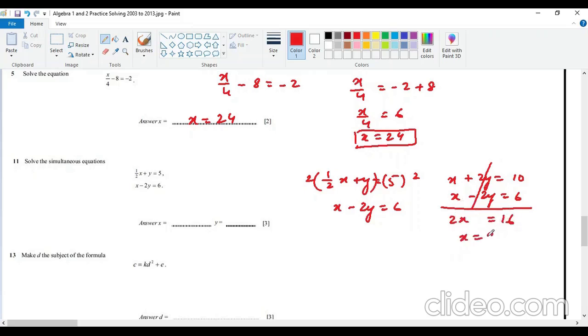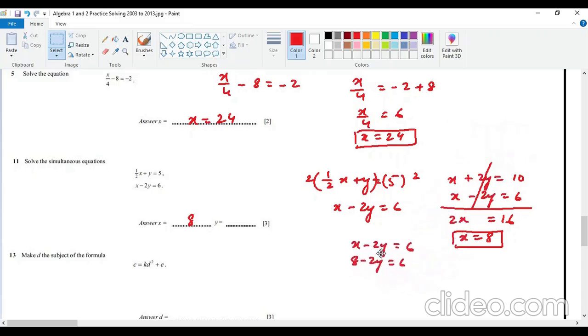Now I know the value of x is 8. Now we substitute in the given equation, x minus 2y equals 6. That means I will bring this down over here for further calculations.